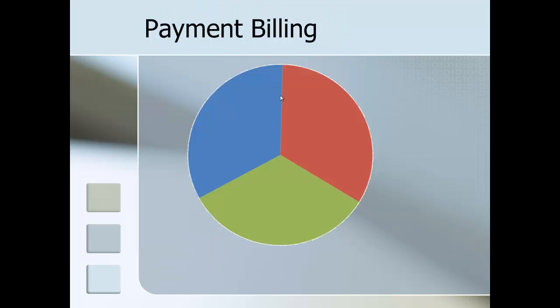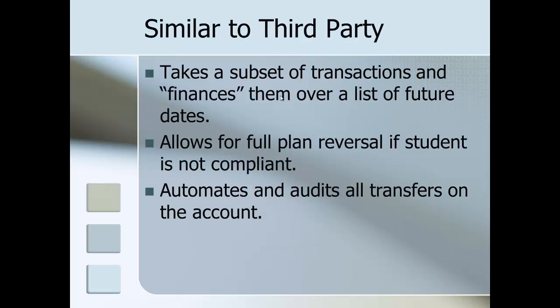The payment billing system, which is a little pie chart on the screen that you'll see, basically allows you to take a subset of transactions on the student's account and finance them over future days. So you may have a system where you say, okay, you're allowed to take your tuition charges and pay them over 6 months, and you can set up a plan that will take only those tuition charges and make them payable on certain days.